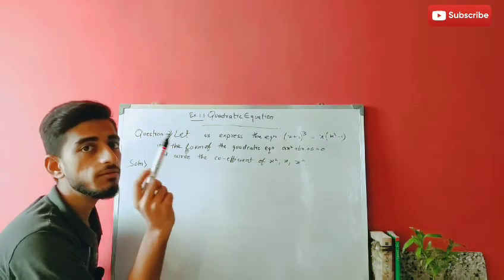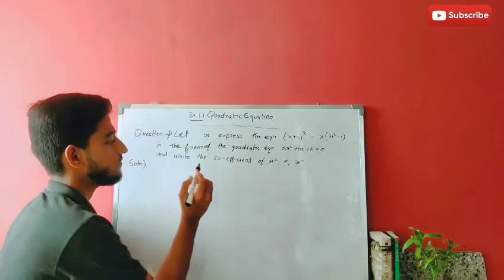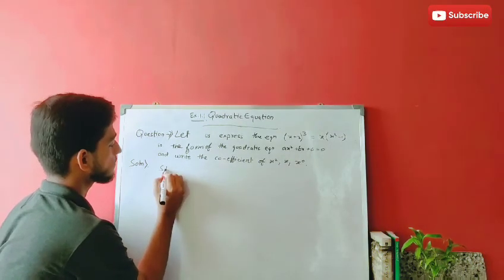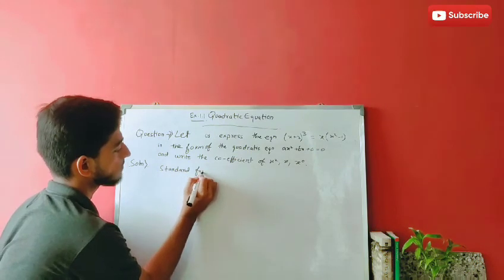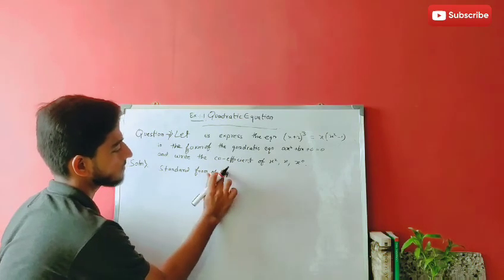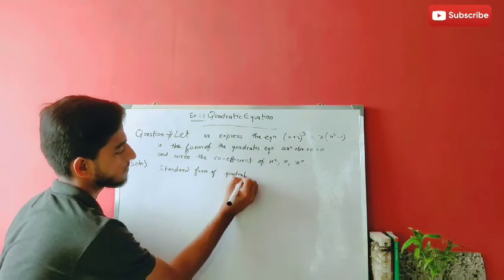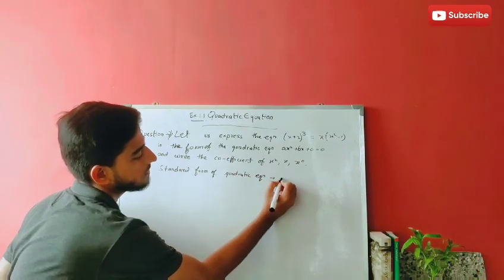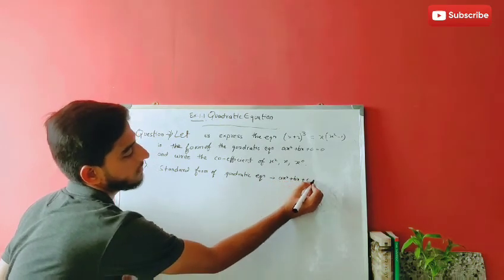So let me first explain by writing the standard form of a quadratic equation. So the standard form of a quadratic equation is what? Standard form is ax square plus bx plus c is equal to 0.